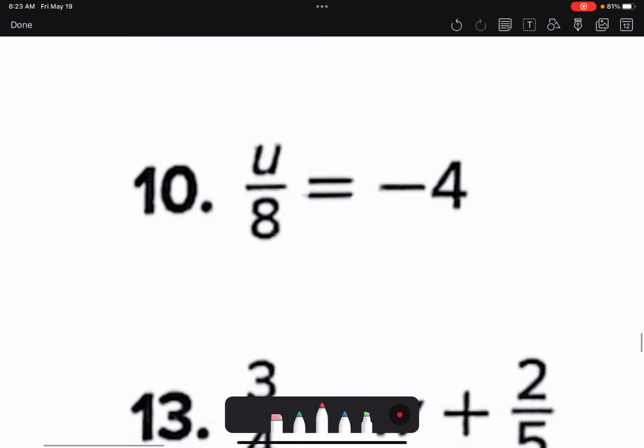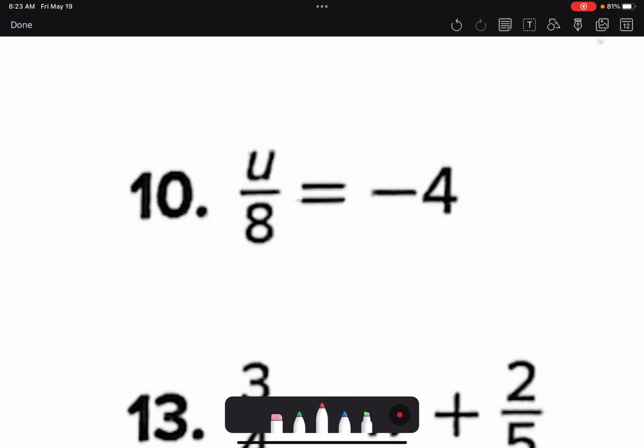All right, let's go to number 10 next. So we have u over 8, okay? Now that is u divided by 8. And let's go through the checklist first. Nothing on the left, nothing on the right, only one variable. That's divided by 8, so therefore I need to get rid of it with multiplication. So I'm going to times by 8, times by 8.